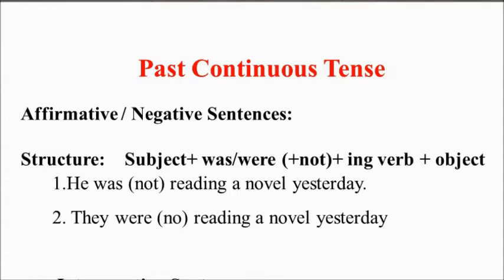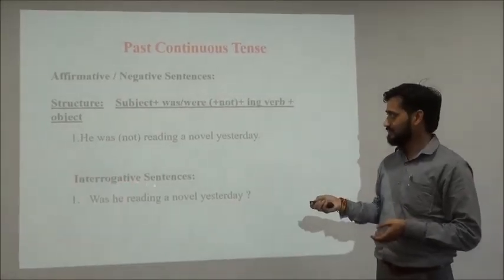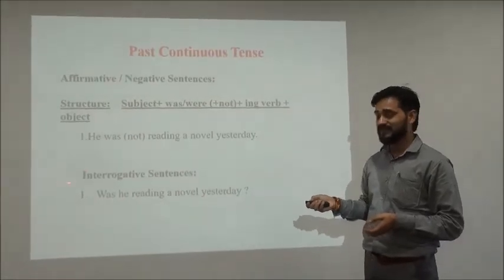It means in past continuous, you are adding just not after was or were. You can use were with a different form of the subject, like plural, they. The same can be done: they were not reading a novel.